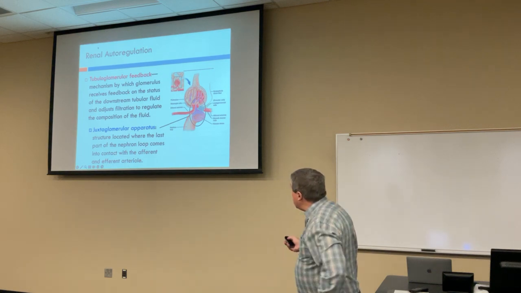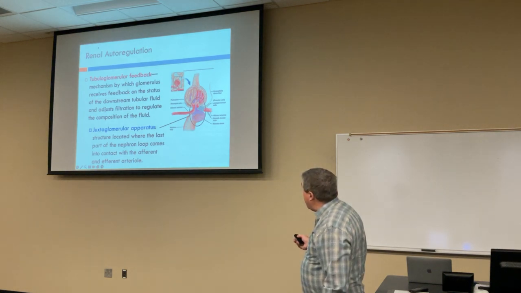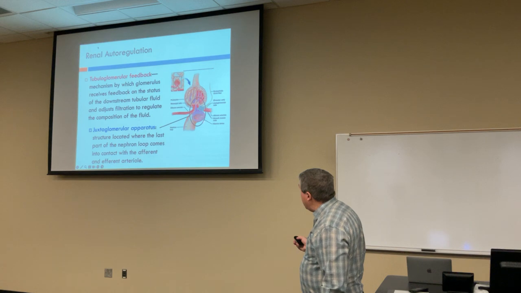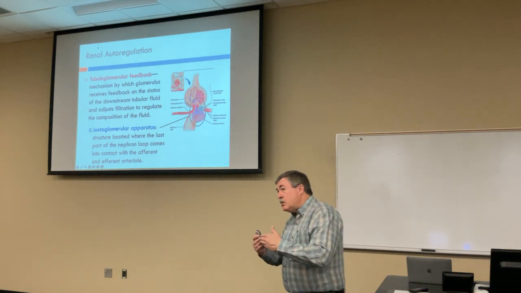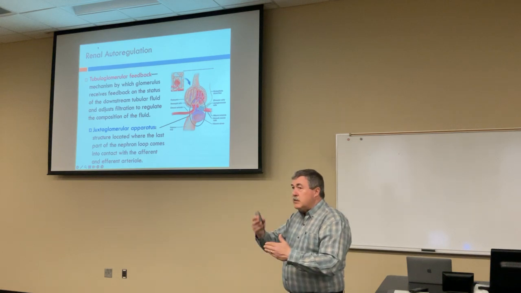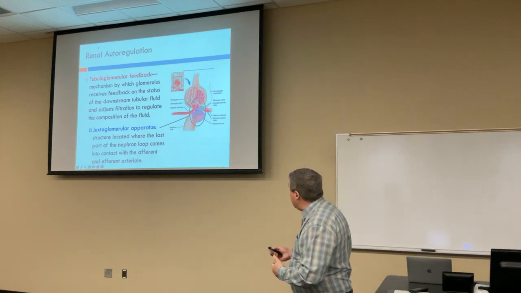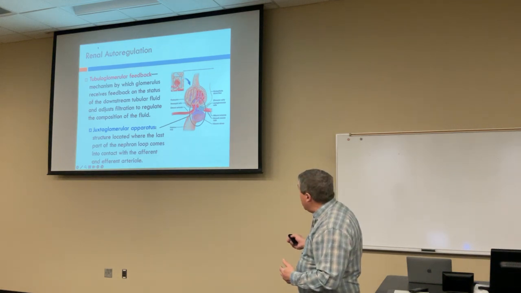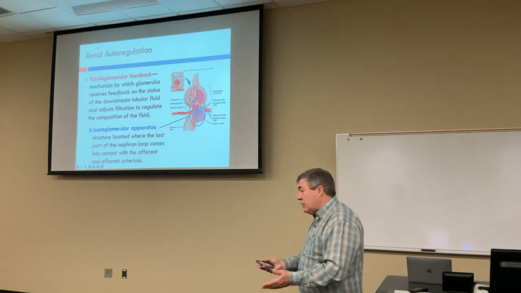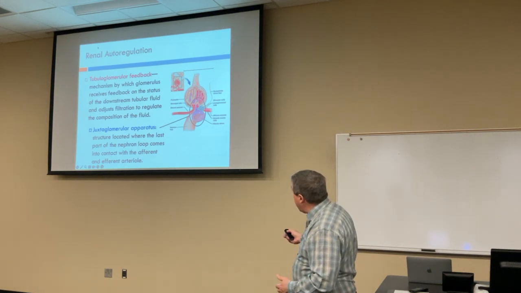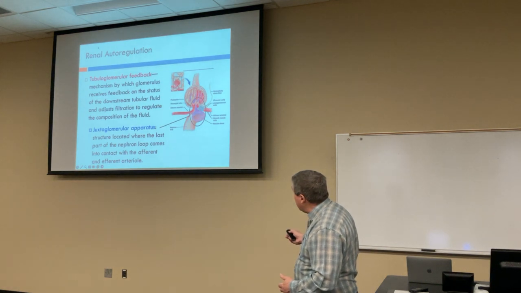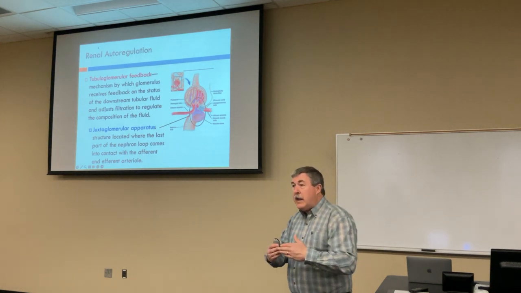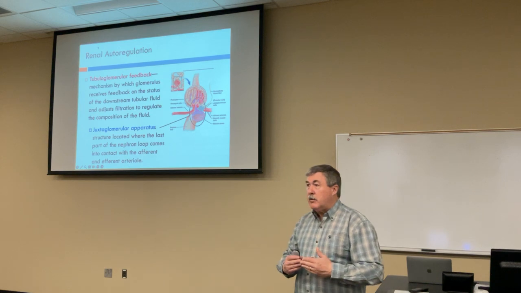And it's folded in such a way that the very first part of the distal convoluted tubule is right at the junction between the ascending limb of the nephron loop and the distal convoluted tubule. As it turns out, the nephron is folded so that portion of the tubule is right in between the afferent and efferent arteriole.